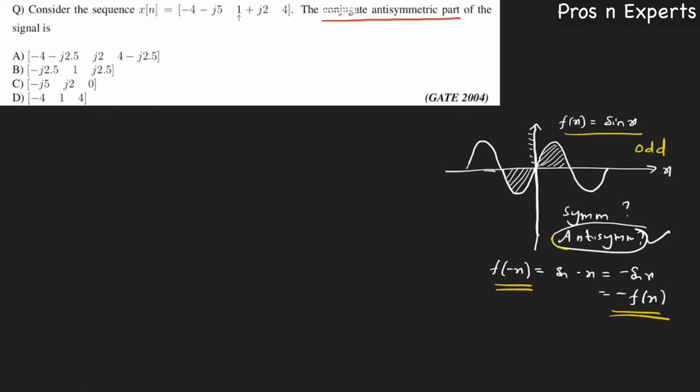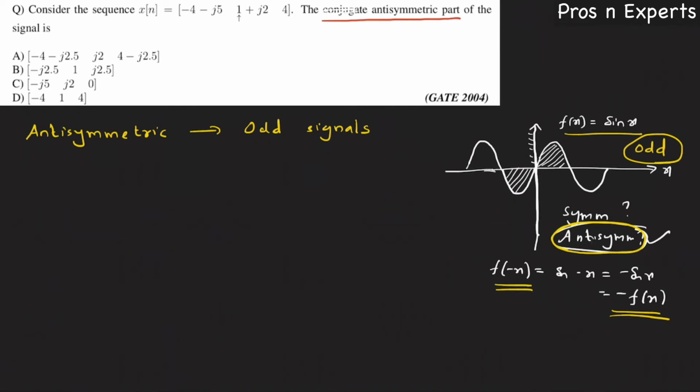So antisymmetric signals are always odd signals. That is the catch here. Antisymmetric signals are odd signals.